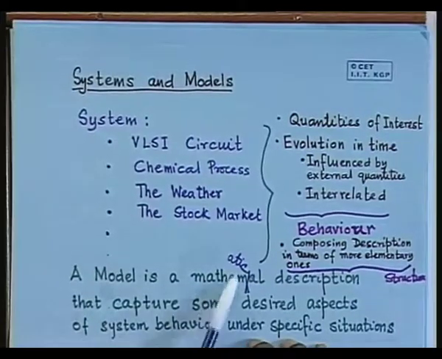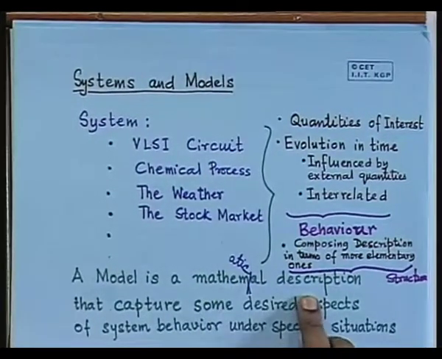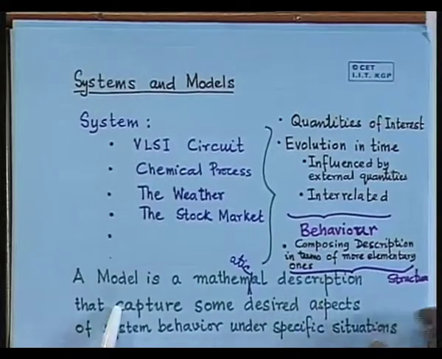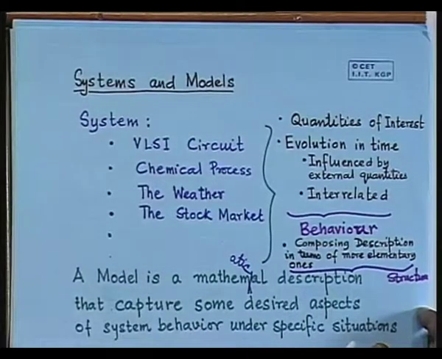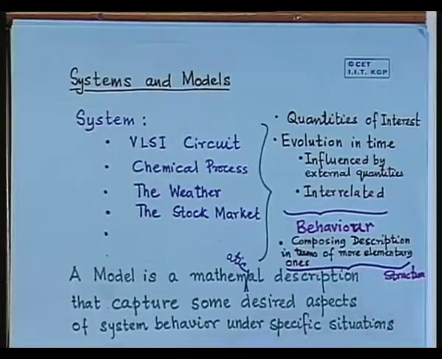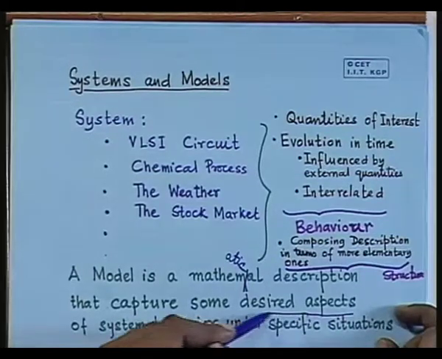A model is a mathematical description that captures some desired aspects of system behavior under specific situations. So these are important things.